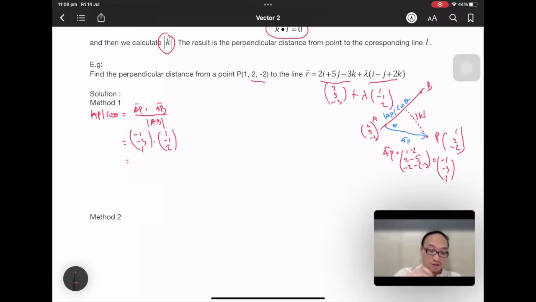So equals to, and then divide by the magnitude of AB. Square root of 1 square plus 1 square plus 2 square equals to, so -1 plus 3 plus 2 divided by the square root of 6.